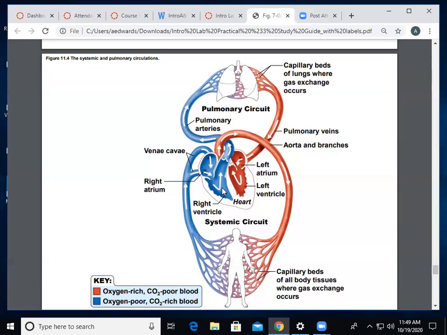Okay. And again, oxygen rich is red, oxygen poor is blue. And if the blood is oxygen rich, it's also CO2 poor. If the blood is oxygen poor, it's also CO2 rich.